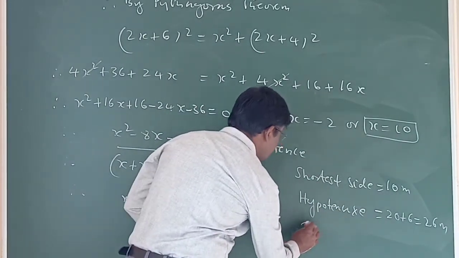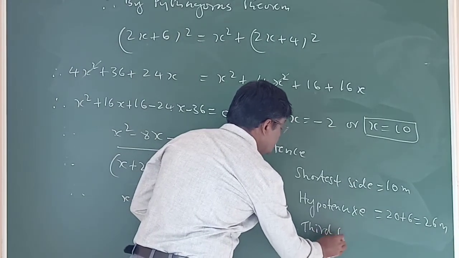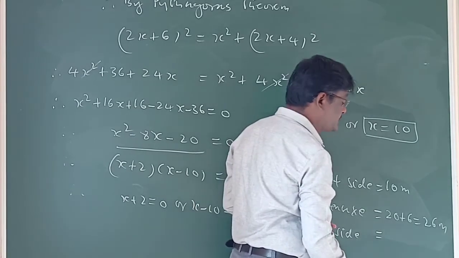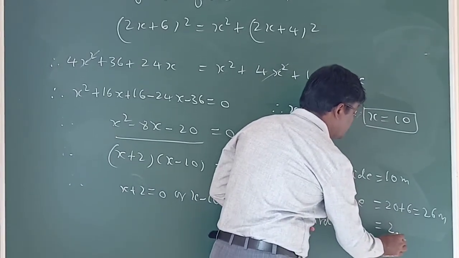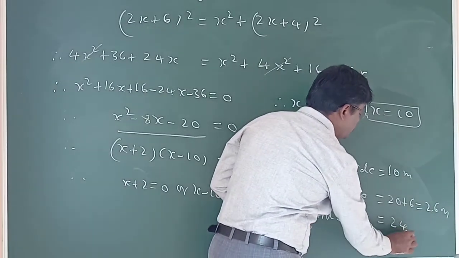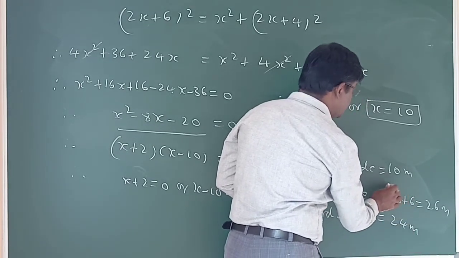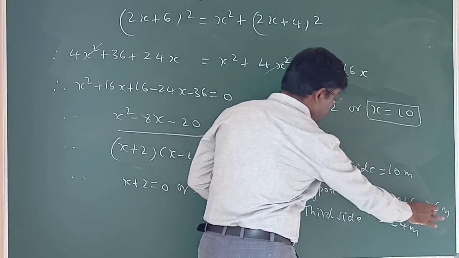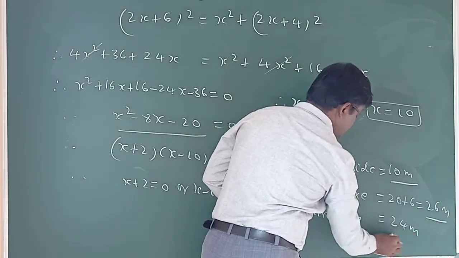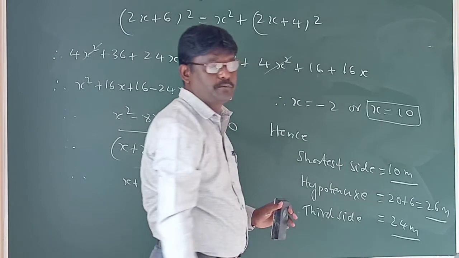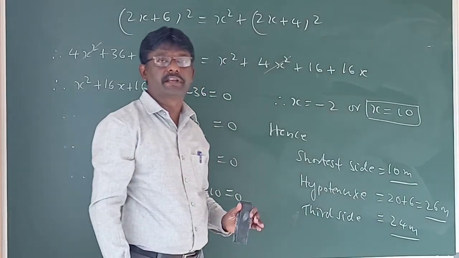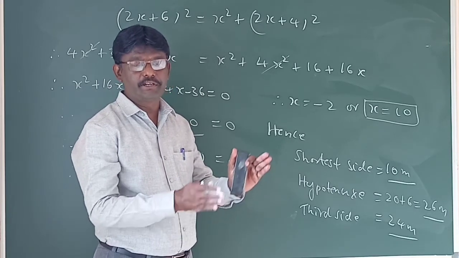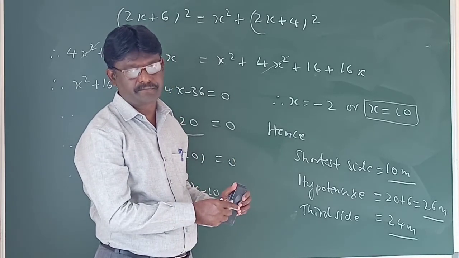Therefore, the third side equals 26 minus 2, 24 meter. So thus, the shortest side is 10 meter, the hypotenuse 26 meter, and the third side 24 meter. Thus, we can apply the quadratic equations in our day-to-day life situations.